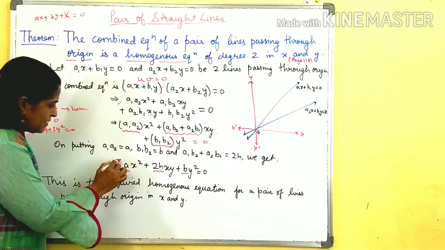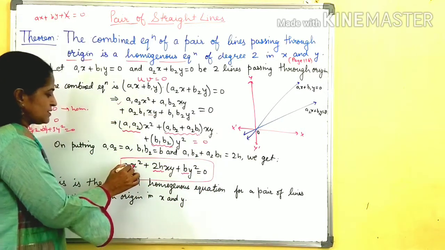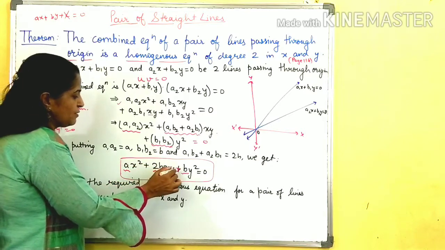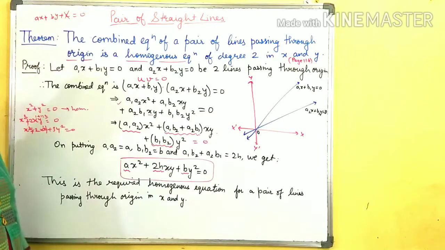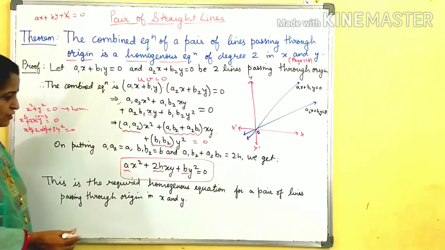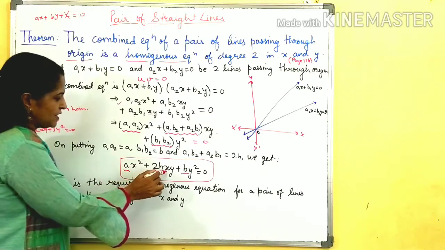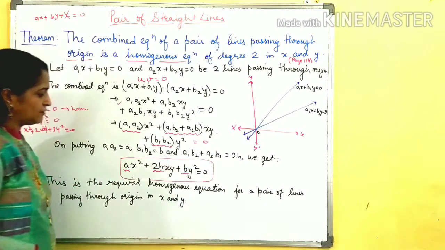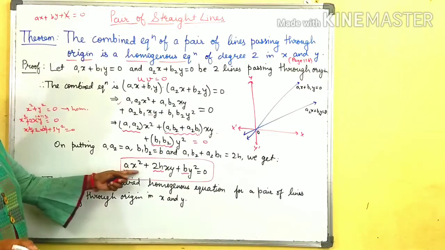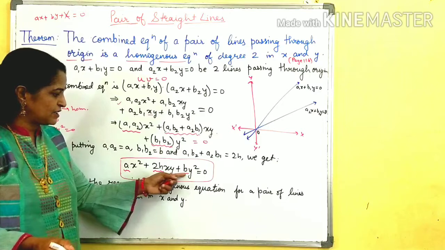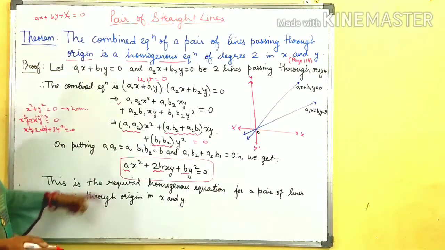We get the standard equation: ax square plus 2hxy plus by square equals 0. In the last example, we also got an equation of this type: x square term, then xy term, then y square term. So your standard equation is ax square plus 2hxy plus by square equals 0. This is your first theorem.